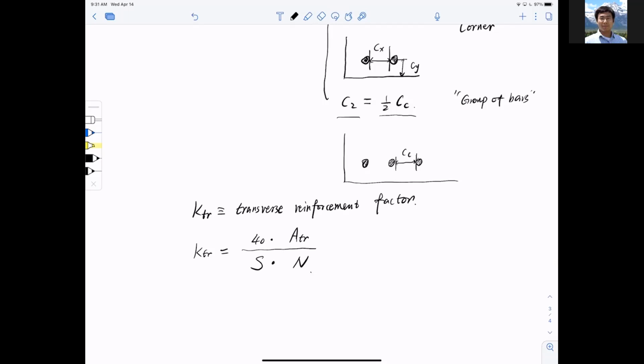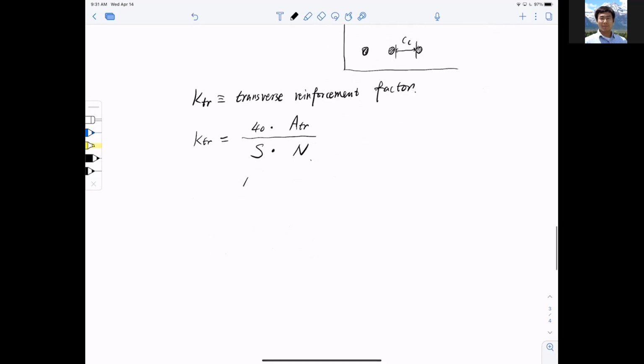So this is a little bit of a mouthful. Let me just label it here: ATR is the area of stirrups, basically. Whenever you see transverse reinforcement, that just means stirrups. So ATR is the area of stirrups, and S is the spacing of stirrups.